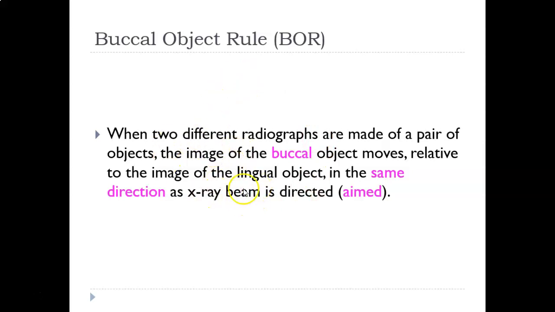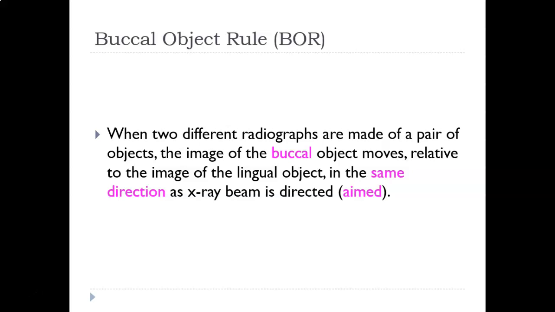Okay, so here's the rule, and we have to break it down quite a bit because just reading it sounds confusing. But when two different radiographs are made of a pair of objects, the image of the buccal object will move relative to the image of the lingual object in the same direction as the X-ray beam is directed or aimed. So if we have two objects in a film, the object that is more buccal, or that is on the buccal side, will move in the same direction that you move your beam.